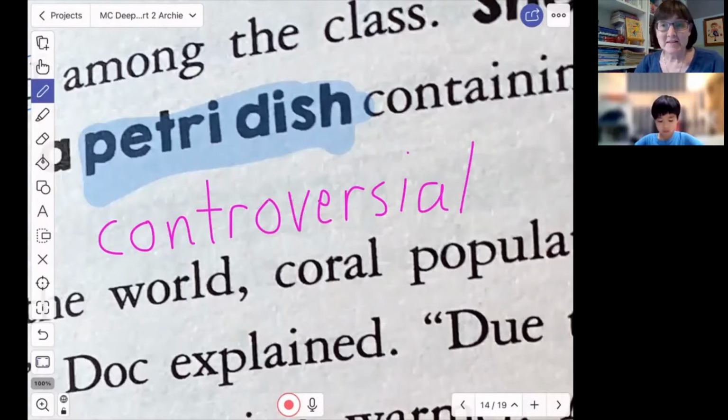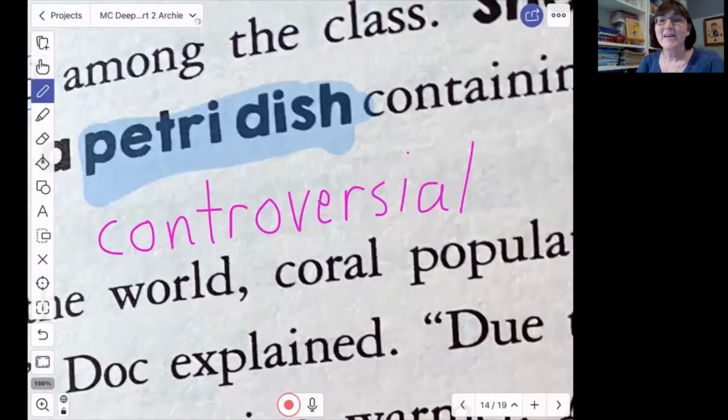even among scientists. Now, scientists are not supposed to have opinions so much as just facts. A scientist needs to be really good at telling the difference between fact and opinion. So in order for them to have facts, they need to do research and gather data.